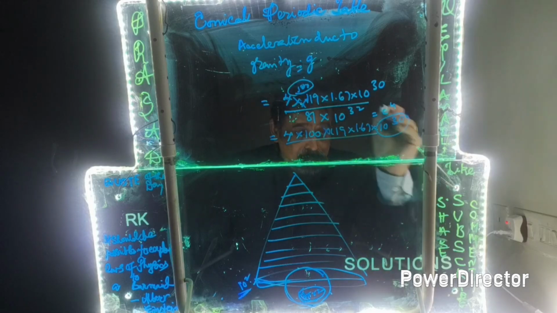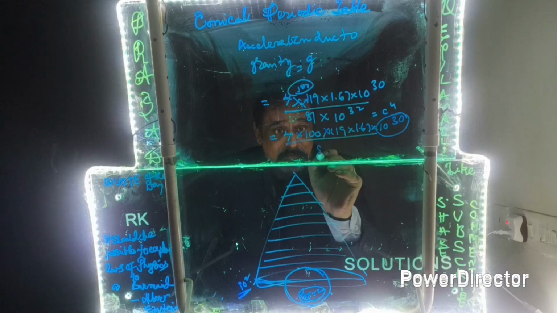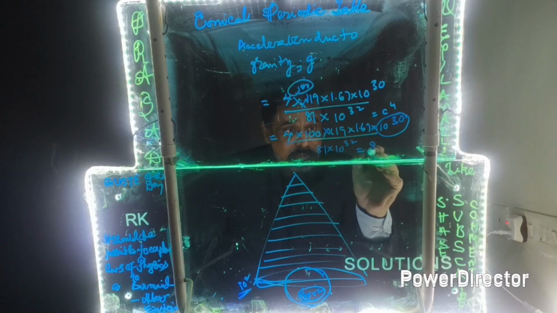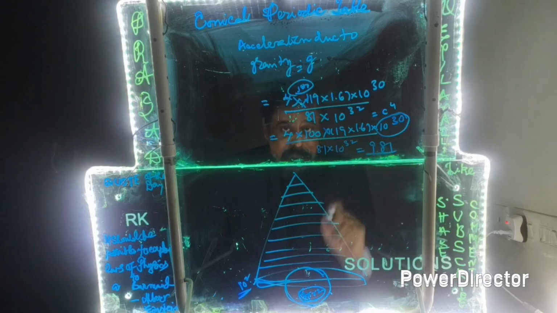This is the sun's mass. And dividing it by 81 into 10 raised to 32, now we will have perfectly 9.81.